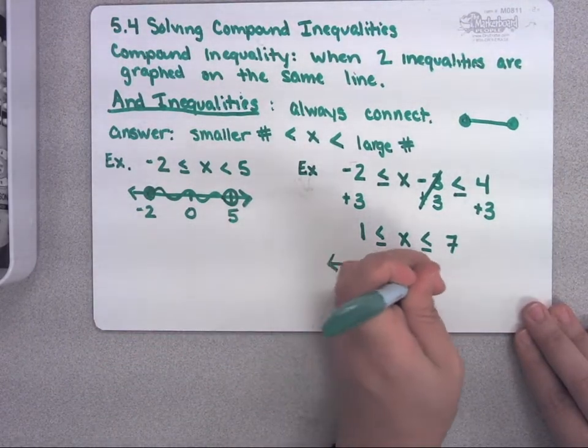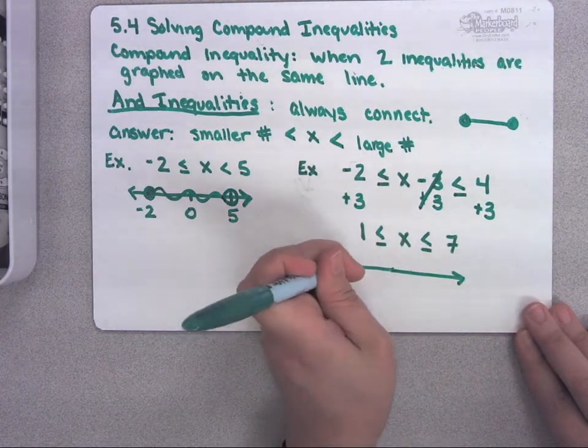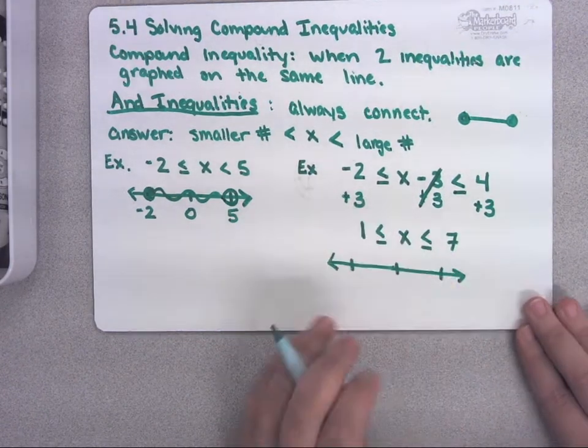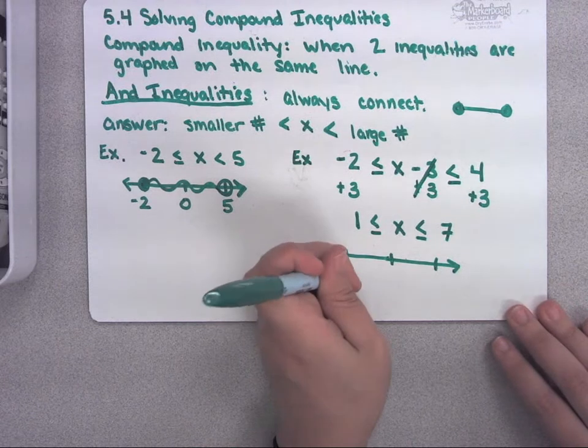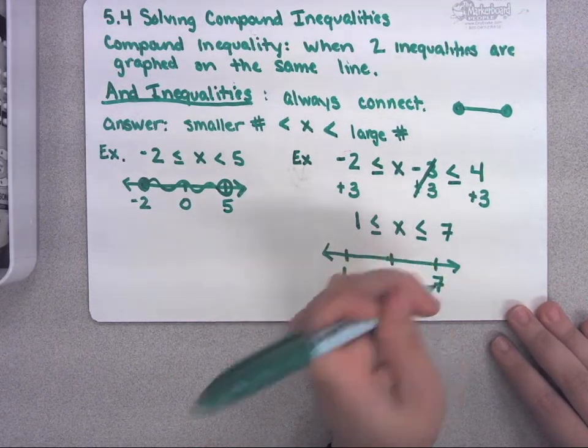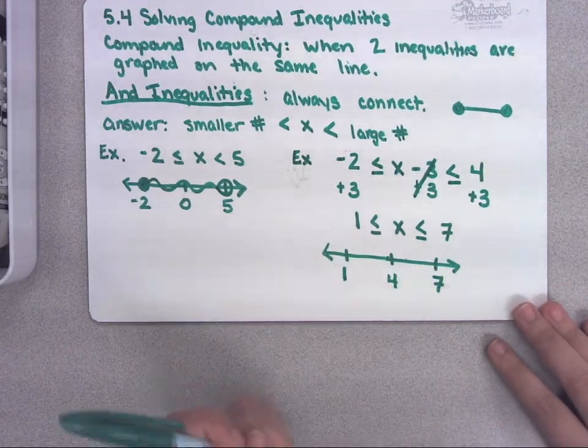This time, our inequality signs are the same, so they're both closed circles. Oh, this is getting even more crooked. I'm just going to pick 4. Sounds like a good number.